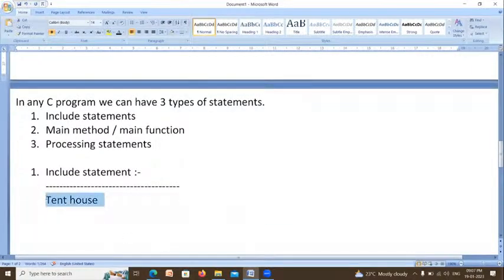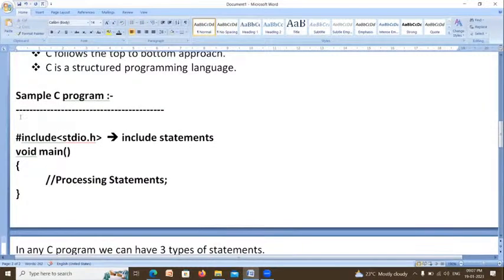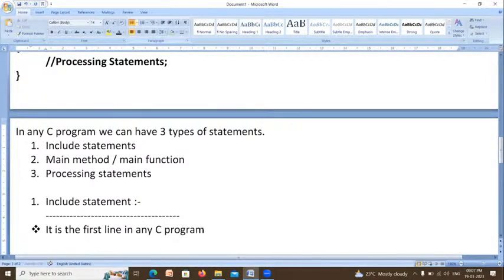Now tell me, what is the hash include statement? You have to write the include statement at the top of the program. It is the first line in any C program. You have to write hash include stdio.h at the top of the C program.